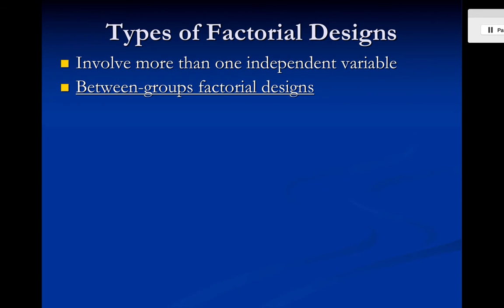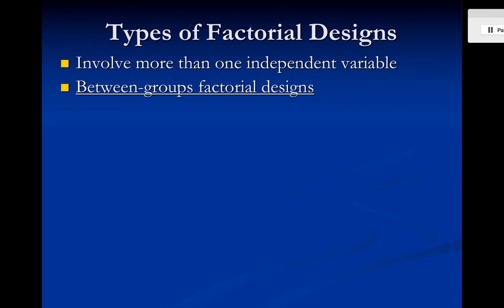So let's begin with between first. If you remember from our previous discussions associated with between groups research designs, we talked about this with our independent samples t-test. We also talked about it with our one-way ANOVA, in that we had independent samples. So in other words, we had groups that were mutually exclusive from each other.